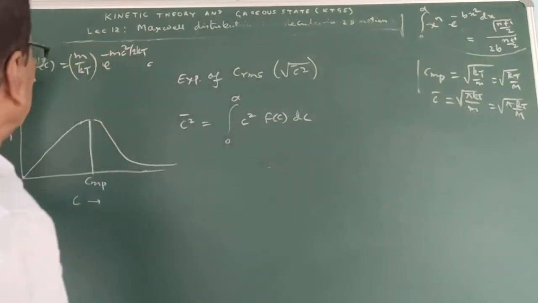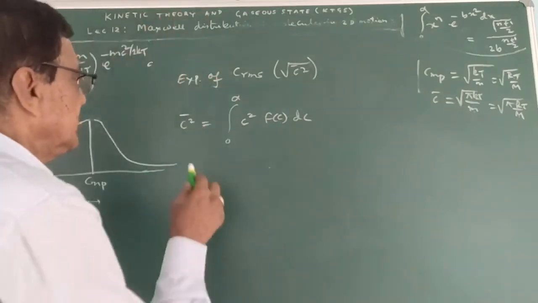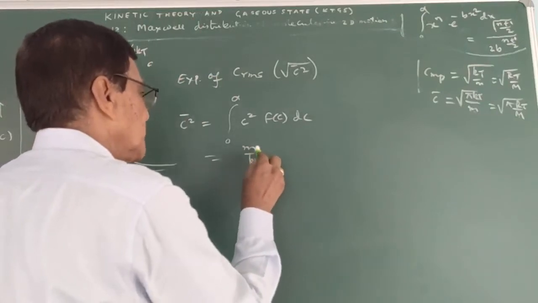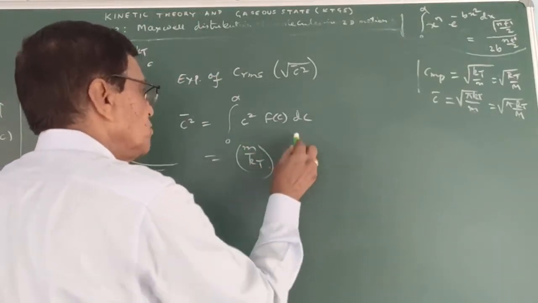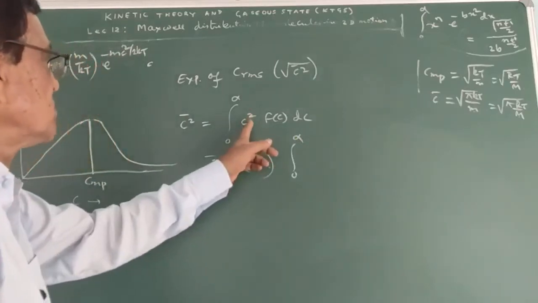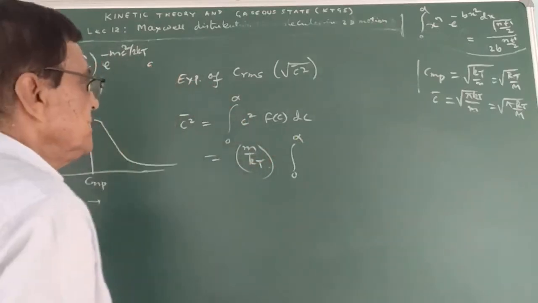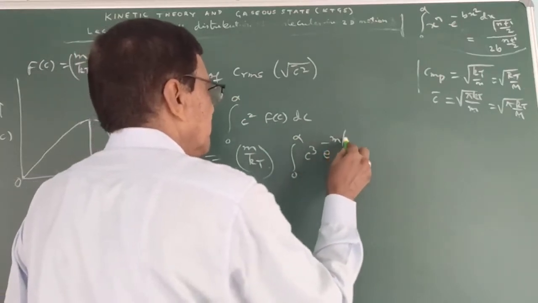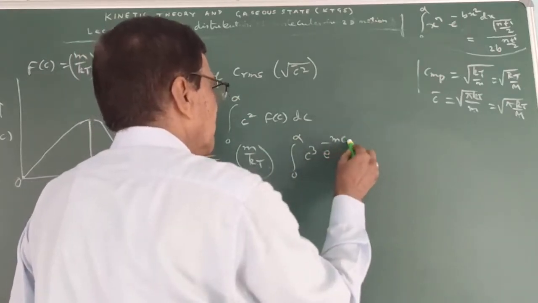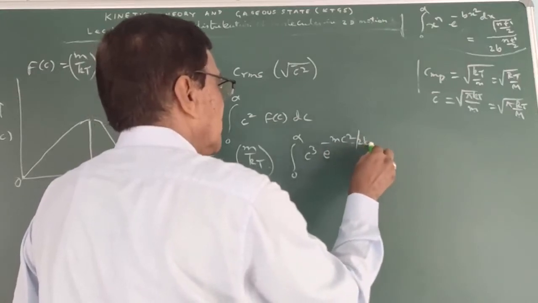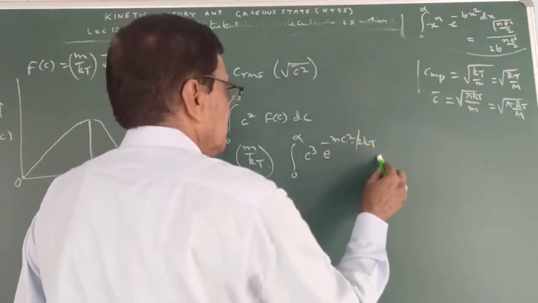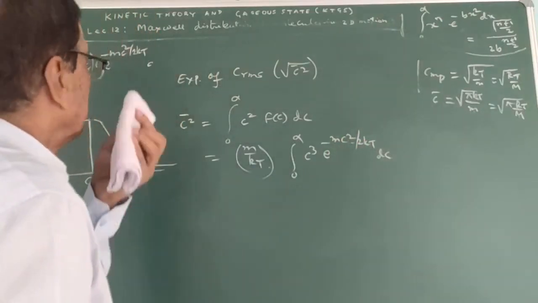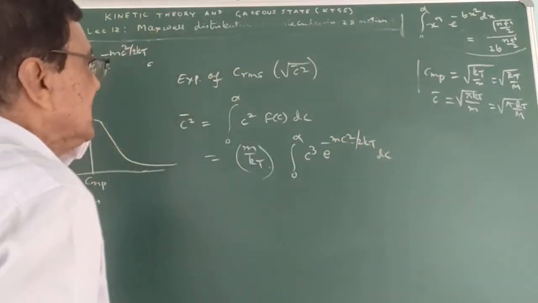And if we put the value of f(c) here, then this will be equal to m by kT, which will go outside of this integration, 0 to infinity, c square and here c means c cube, e to the power minus mc square by 2kT, dc.